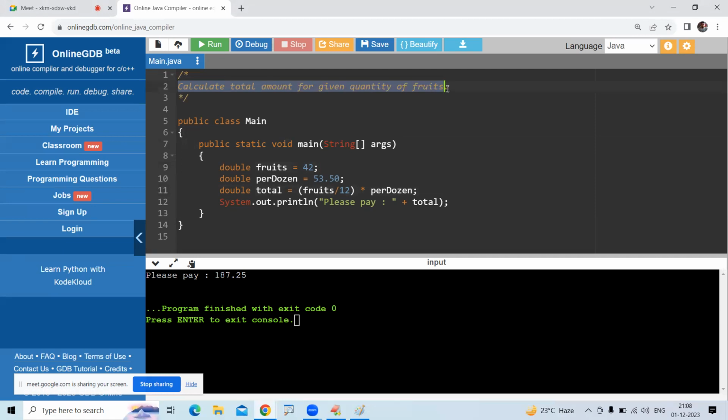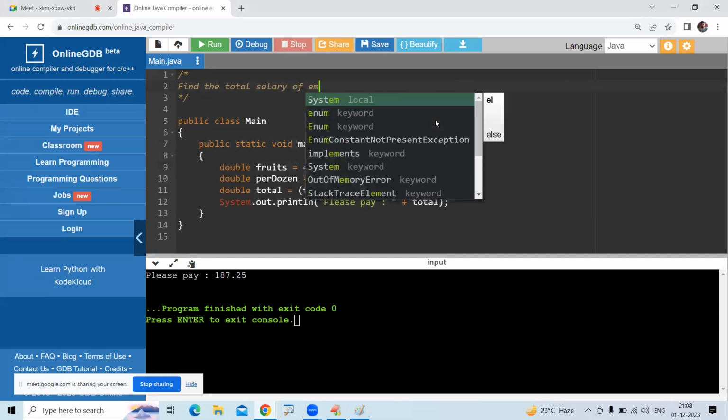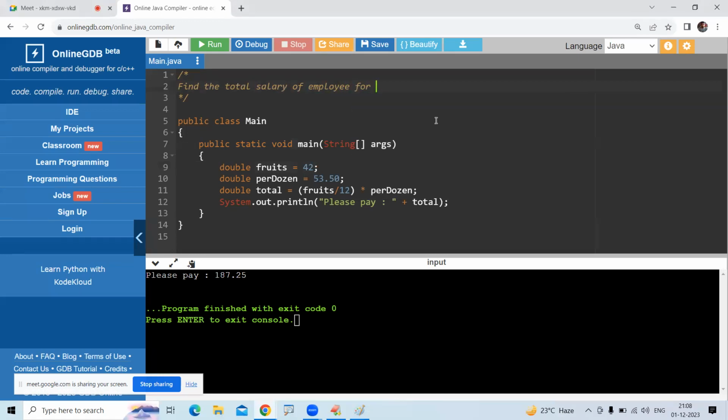One more example. Okay, see, find the total salary of employee for given basic salary.